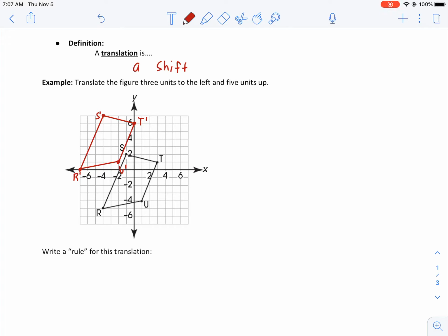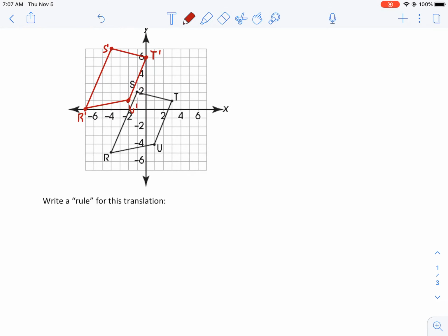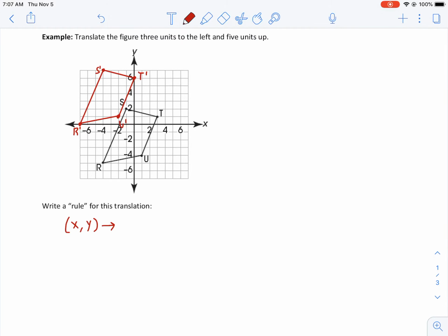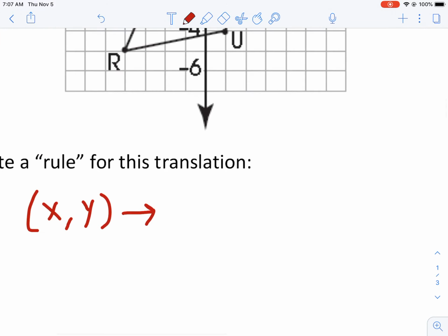So we're actually going to write a rule for this transformation, okay? Translation rules are pretty easy. You take all your points, right? Points all have an x, comma, y coordinate. And you just say, how are we actually changing them? So 3 units to the left, all right? Left to right, that's your x-axis. And going to the left on the x-axis is getting smaller.